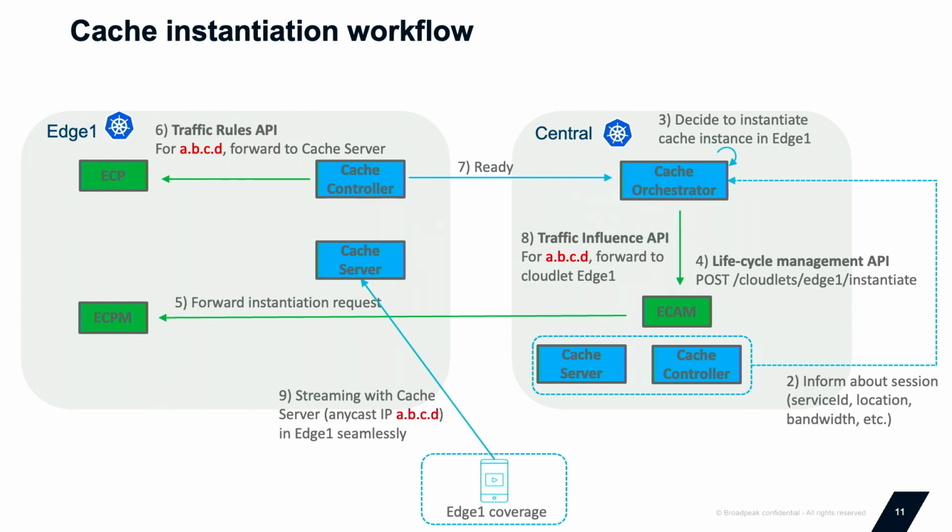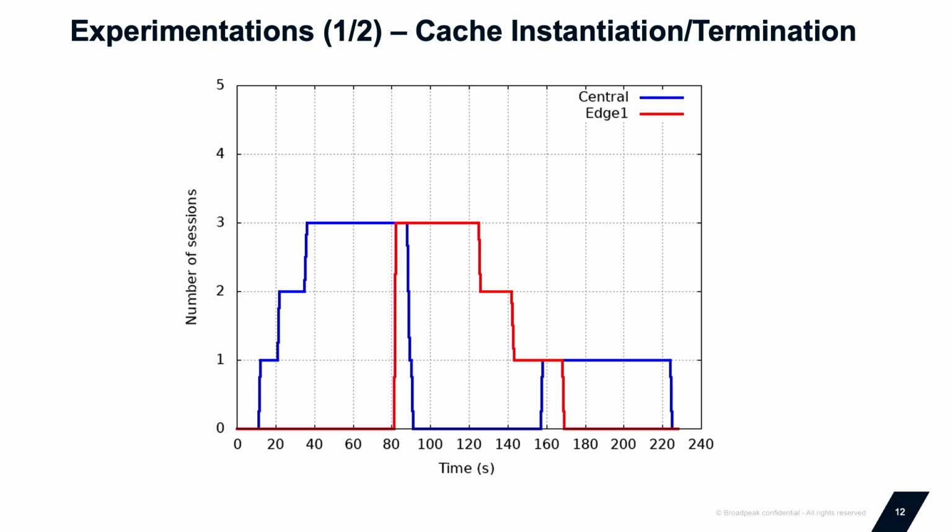We have built the system to experiment with the concept, and the elements to build the system are described in the paper. So in this figure, the blue line indicates the number of streaming sessions served by the cache instance in Central, and the red line for H1.